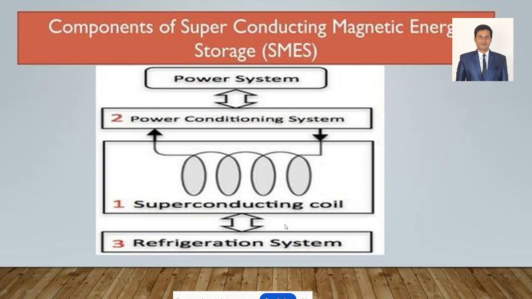Energy is stored in the form of magnetic fields. We have the superconducting coils, correct? In the superconducting coils, we are going to store the magnetic energy. If you want, you can take a screenshot of this to understand it very clearly.